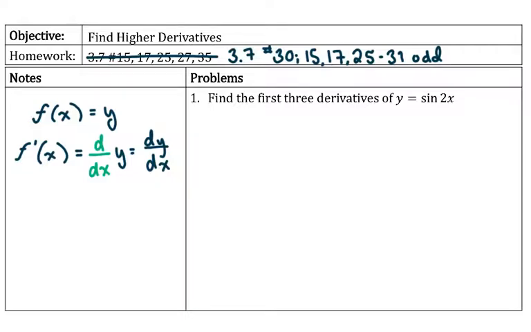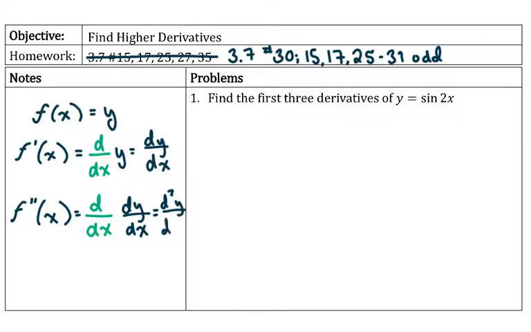Now our second derivative, we would write that as f double prime, would be the derivative of that first derivative. So d/dx of dy/dx, and that gets written, if you remember, as d squared y over dx squared, and you'll notice that would also simplify with the Leibniz notation like that. So there's your second one.